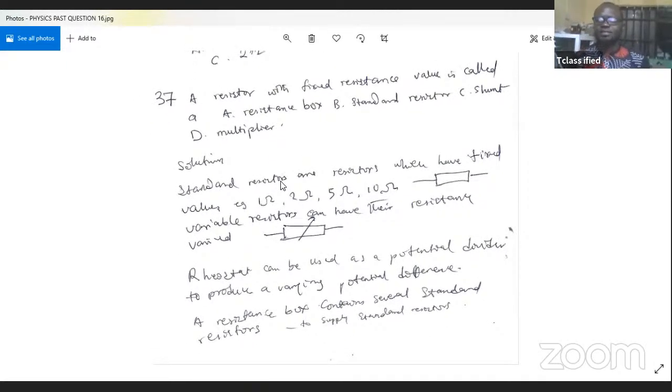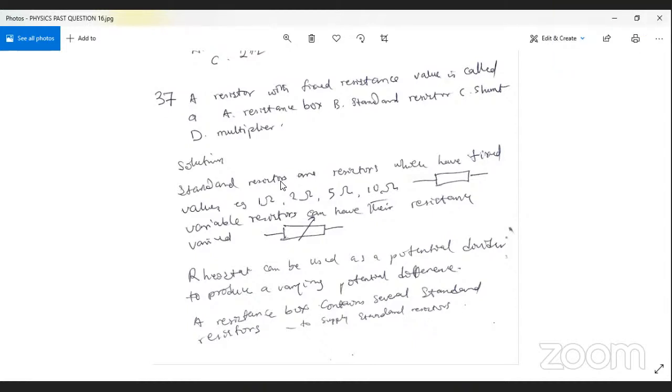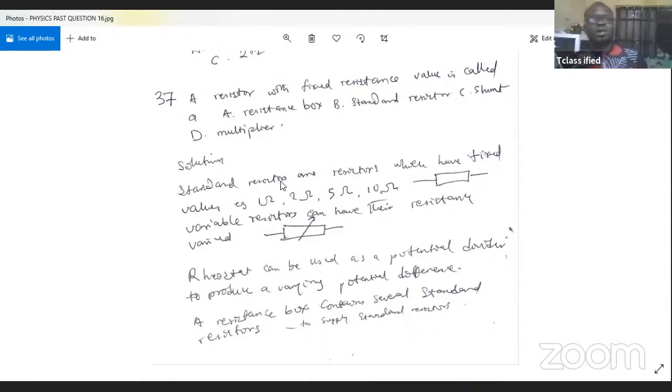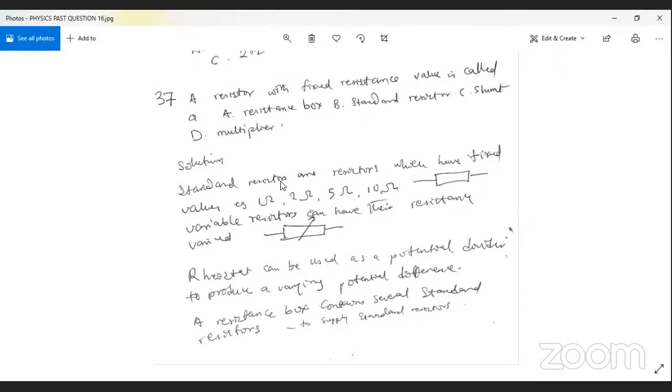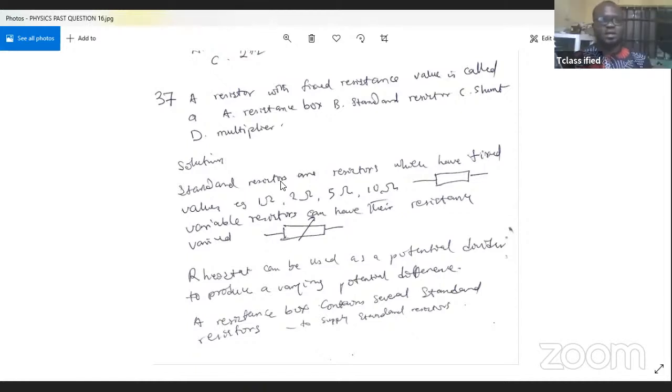Can you see 37? Yes, I can see it. Okay. A resistor with a fixed resistance value is called: A, resistance box, B, standard resistor, C, shunt, D, multiplier. So what do you call a resistor with fixed resistance value? Solution: standard resistors are resistors which have fixed values.